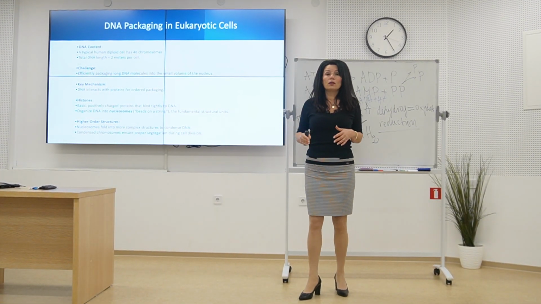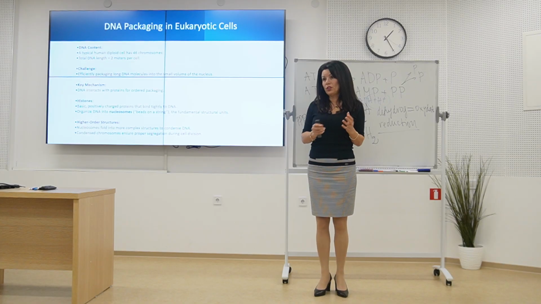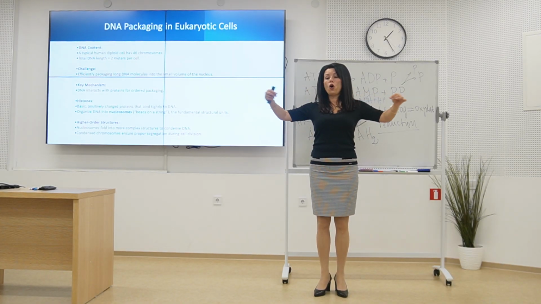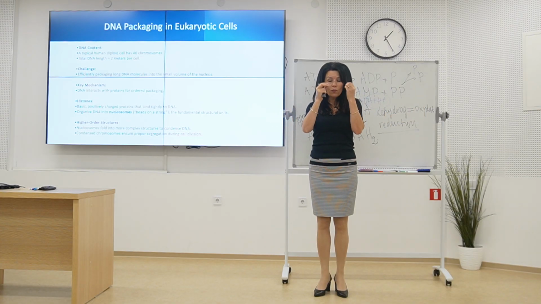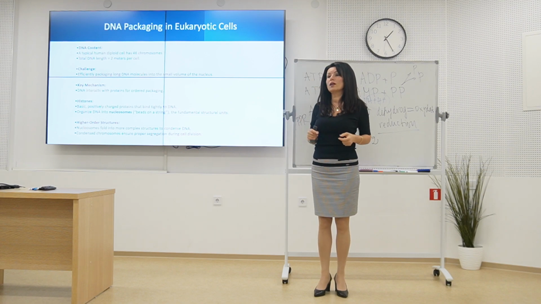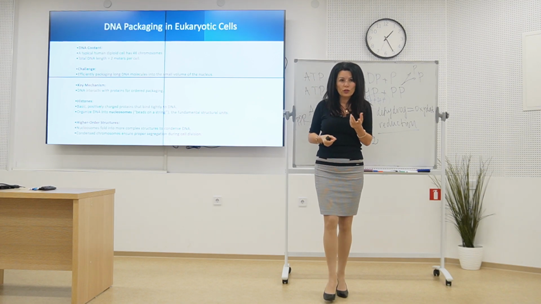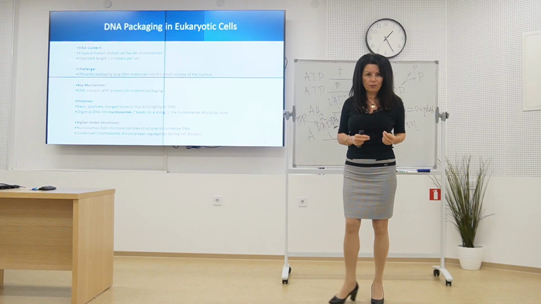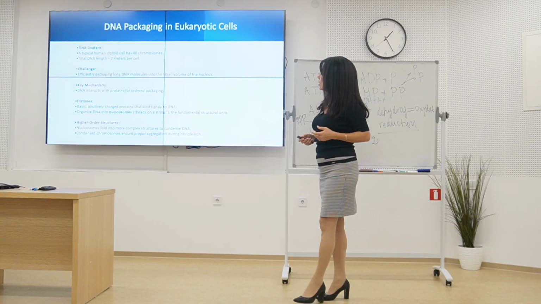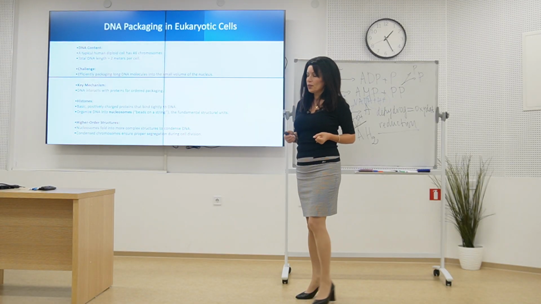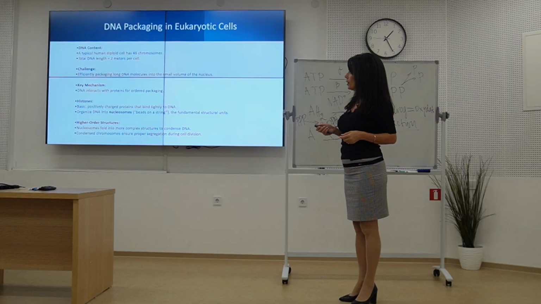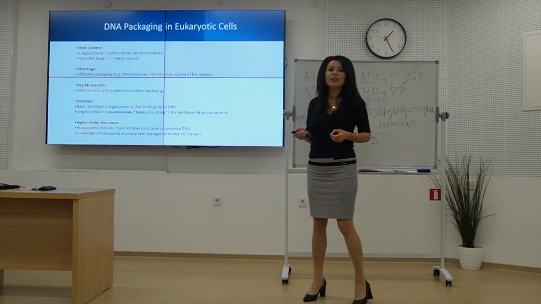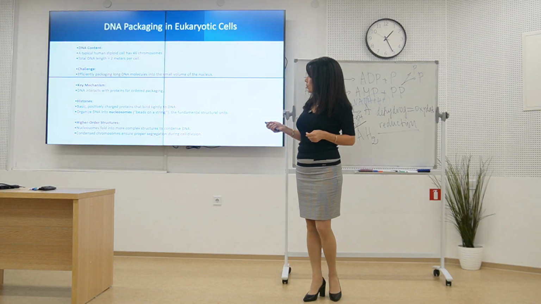Packaging. The question is, how is it possible for this long DNA to be packaged, to be included in this small nucleus? Of course, with strong packaging, with strong condensation, and the first level of condensation is the participation of histone proteins.